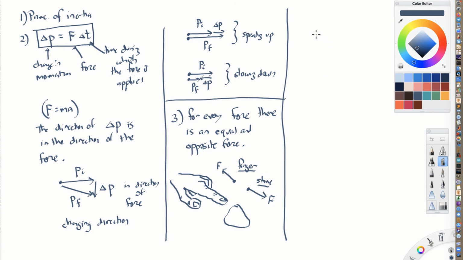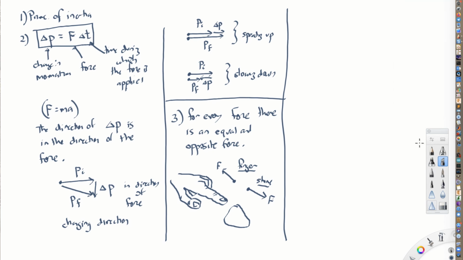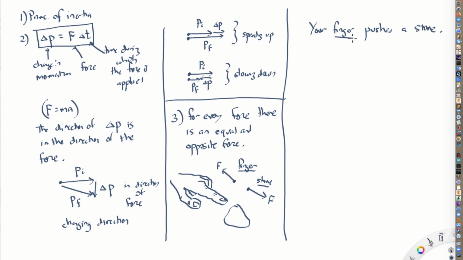The nice thing to keep in mind is you can always figure out an action-reaction pair by simply exchanging the subject and the direct object in a sentence. You can just do this grammatically, basically. Let me get these out of the way. So if you say your finger pushes a stone, this is the subject of the sentence, in the nominative case, and this is in the accusative case, you might say, if you study Latin.